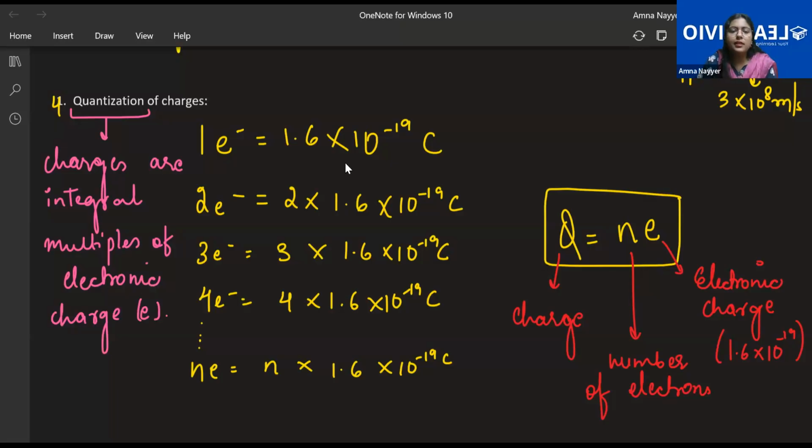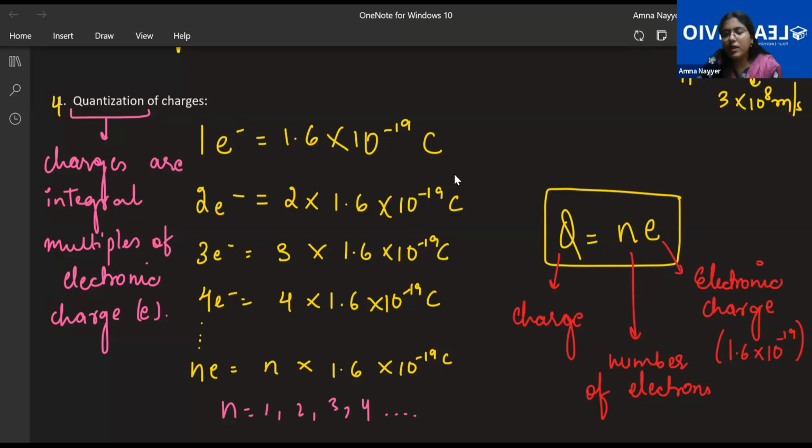Let us understand. When it says that charges are integral, see, these are integers: 1 electron, 2 electrons, 3 electrons, 4 electrons. Means n is any number starting with 1, 2, 3, 4, etc. So these are proper integers. You can never have 1.5 electron, 2.5 electron, 2 by 4th of electron. This is not possible. So when we're talking about the charges, charges are integral multiples of this number.